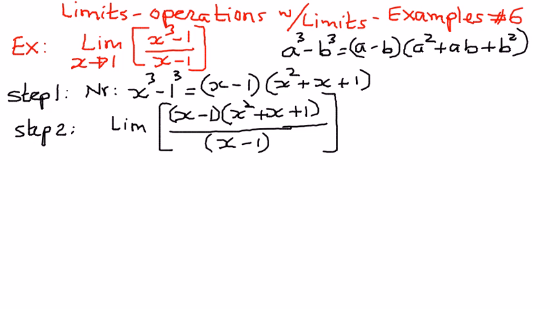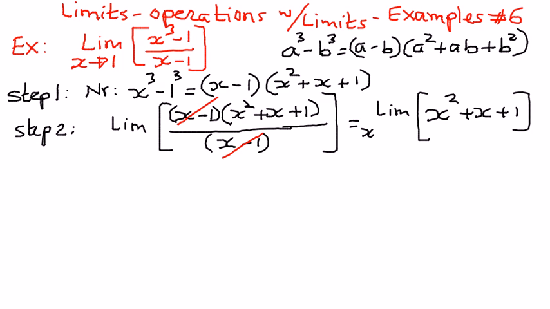In this case, x minus 1 is similar, so therefore we can cancel it out. When we simplify that, this is going to come out as limit of this function, I'm sorry, let me write this a little more clearly here. We can write this one as x squared plus x plus 1 as x is approaching 1. Same thing here, as x is approaching 1.